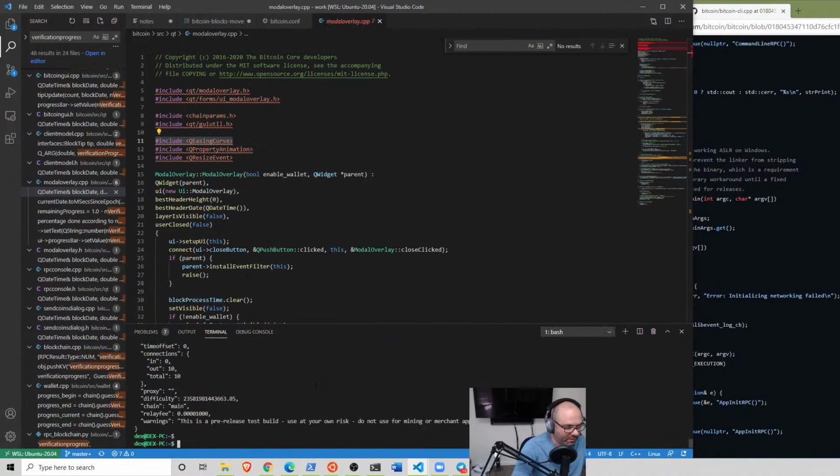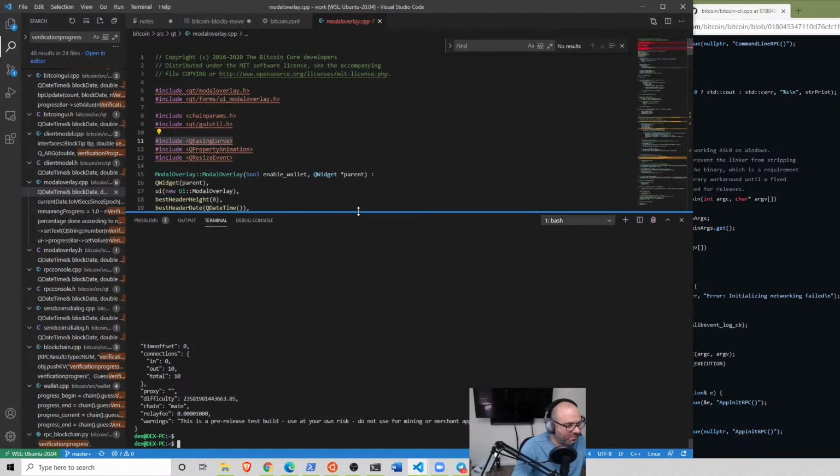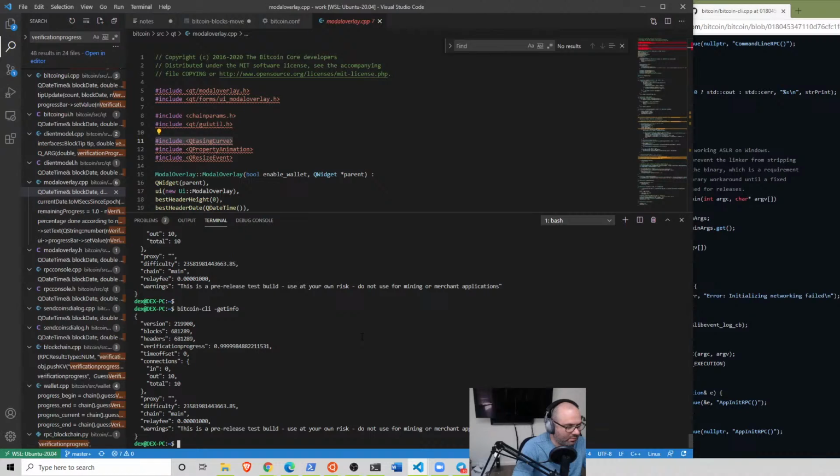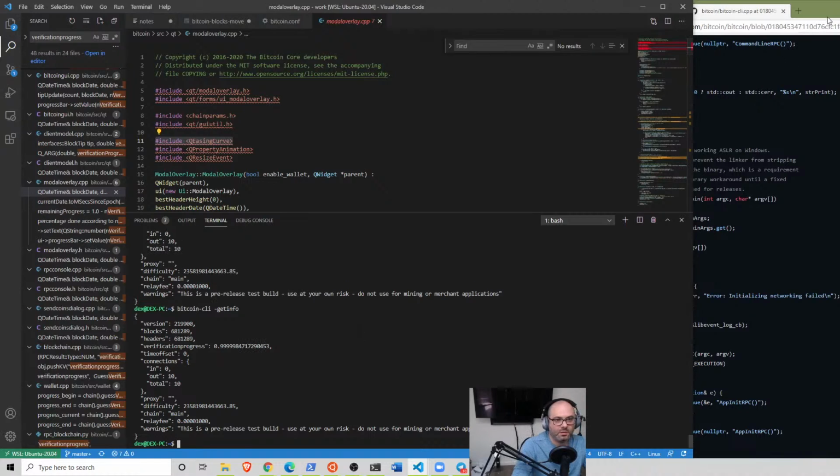This is literally telling me how long it takes me to process a block. Verification progress. Okay, I guess it's time for Google.